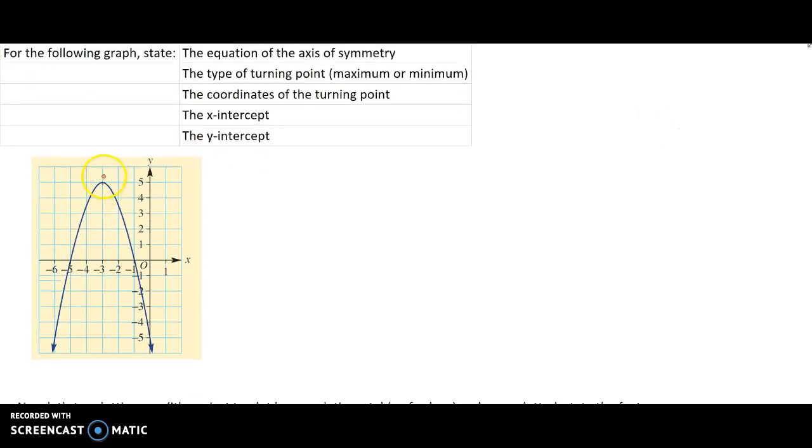And our axis of symmetry will go right across. What point does it cross? -3. And as we said before, our axis of symmetry, because it's a vertical line, is always in the form of x equals something. So it crosses at -3, therefore x equals -3 is our axis of symmetry.